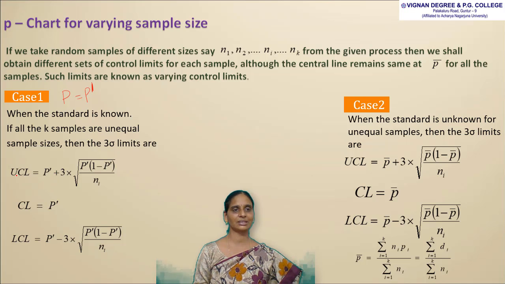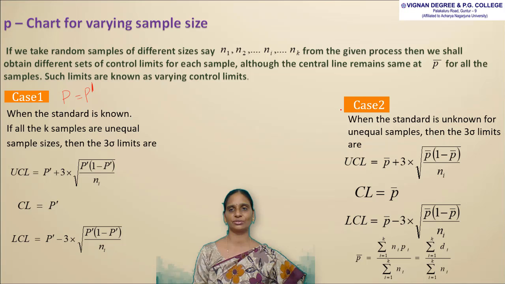Then we get UCL is equal to P dash plus 3 into square root of P dash into 1 minus P dash divided by Ni, and the central line CL is equal to P dash, and the lower control limit LCL is equal to P dash minus 3 into square root of P dash into 1 minus P dash divided by Ni.